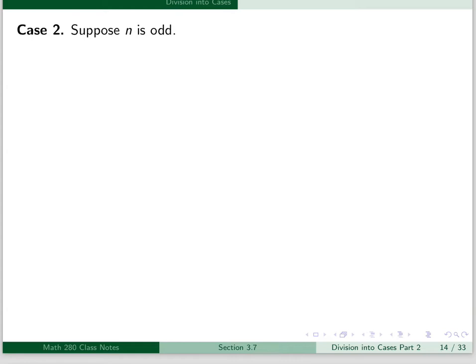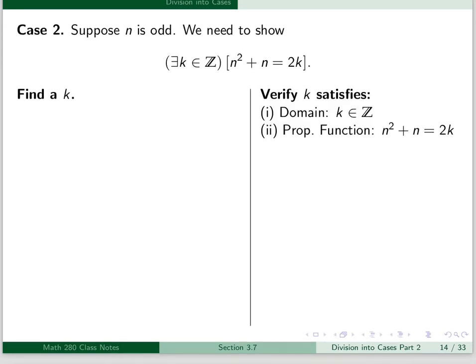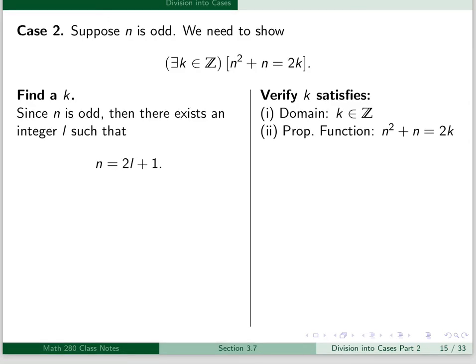For case 2, we're going to suppose that n is odd, and we again need to show there exists an integer k such that n squared plus n is equal to 2k. Applying our hypothesis, since n is odd, then there exists an integer l such that n is equal to 2l plus 1.